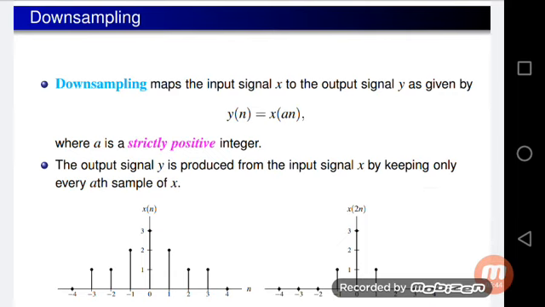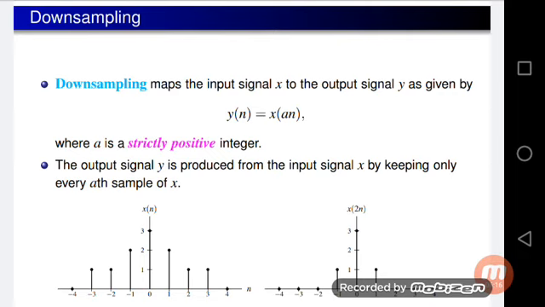Next one is down sampling. Already we know the meaning of sampler or sampling. By using sampling, it will convert continuous time signals to discrete signals. A continuous time signal is split into equal intervals.